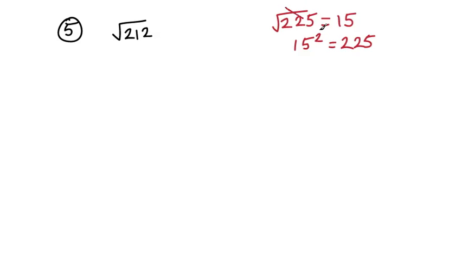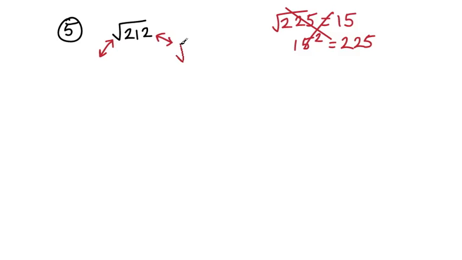But unfortunately, we are not that lucky. This question is asking us to find the square root of a non-perfect square. So in this case, what we need to do is find the closest perfect squares above 212 and also below 212.